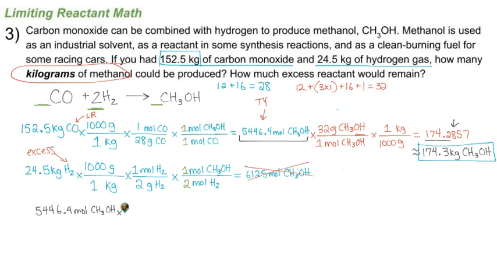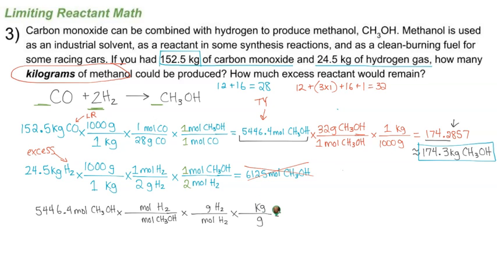and I will convert my moles of CH3OH to moles of hydrogen, and then we will convert moles of hydrogen to grams of hydrogen, and then I'm going to just go ahead and convert it to kilograms, grams to kilograms.